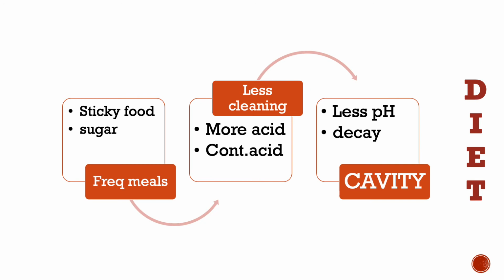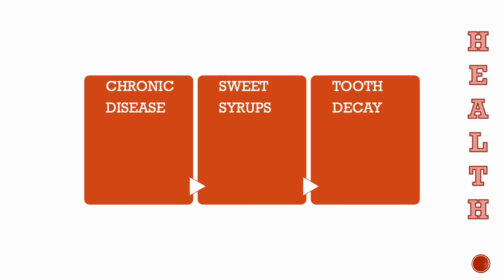And all these three factors together will cause the pH in the mouth to be less for a longer period of time. It obviously causes decay and then will cause cavity.